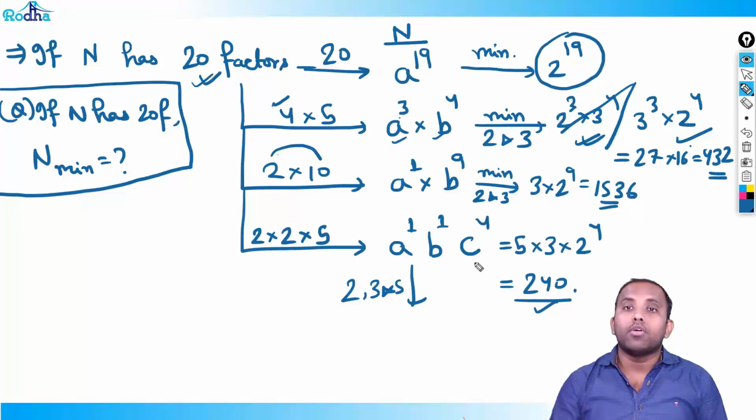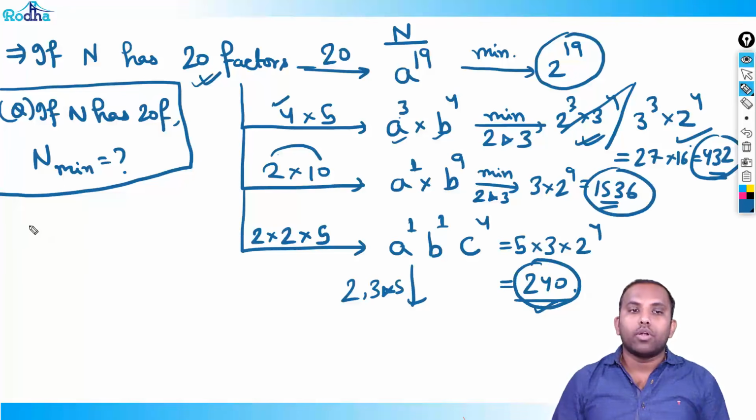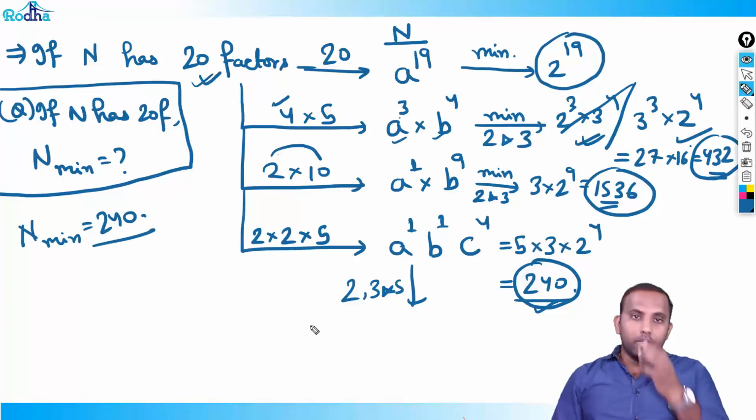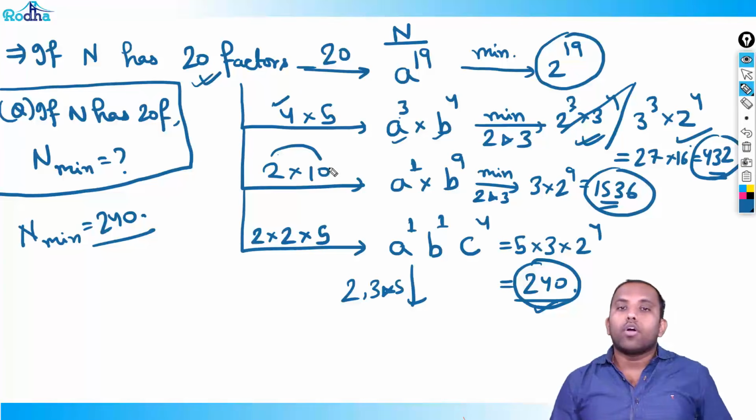But what is the minimum of all these 4? So n minimum is 240.